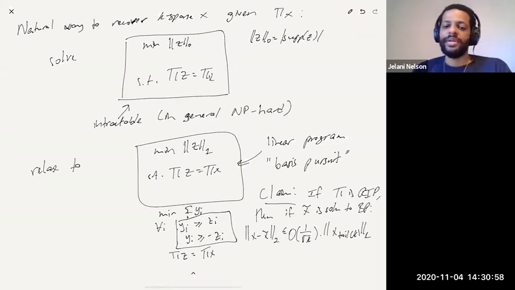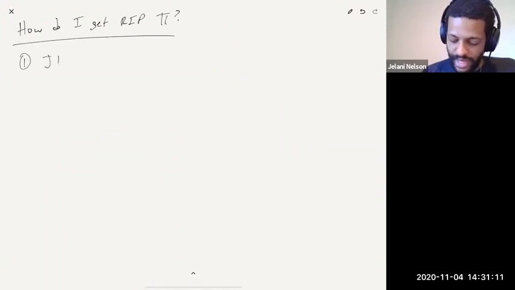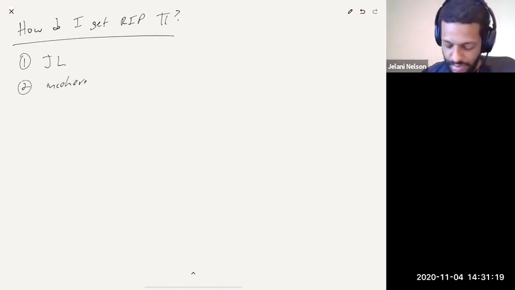Okay. So before we prove this claim, how do I get an RIP matrix? One, we said you can get it from JL. Two, you can get it from incoherent matrices, and we'll see that.